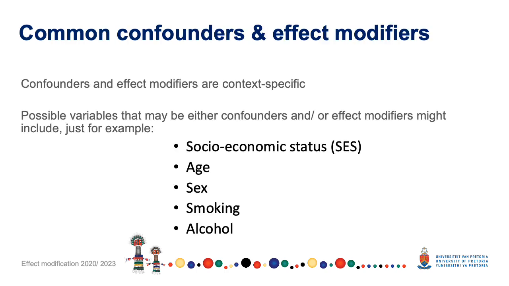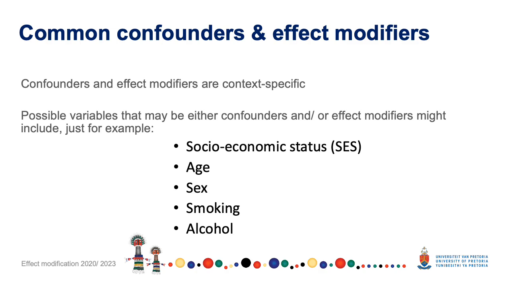Now, in fact, age might be an effect modifier for a particular exposure disease relationship, and it might be a confounder for a different disease exposure relationship. So these third variables, in some contexts may behave as confounders, and in some they may behave as effect modifiers.